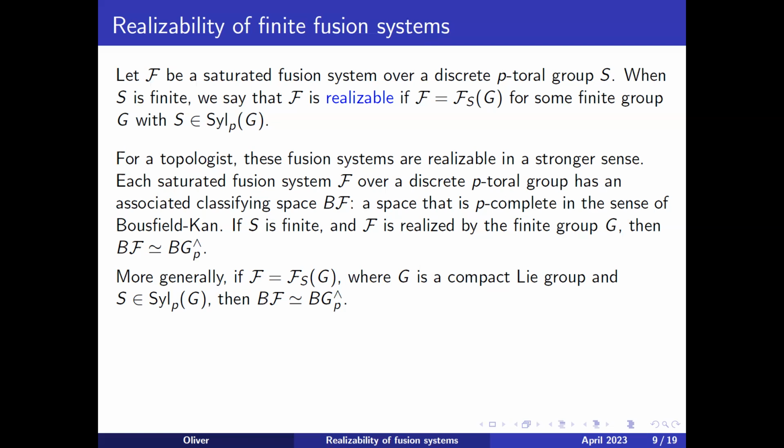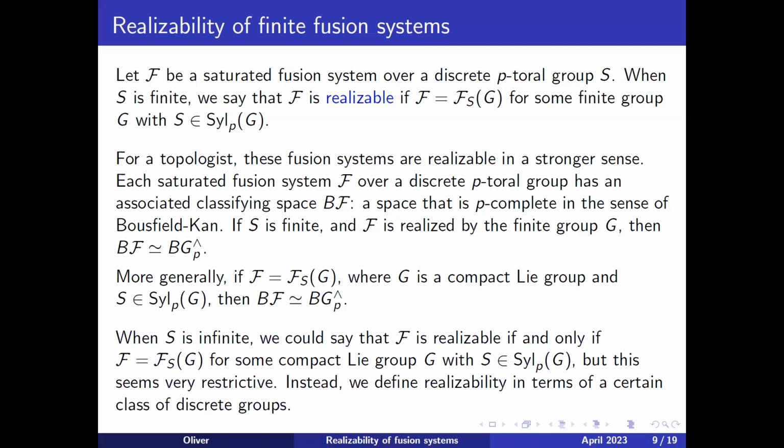If you've got a compact Lie group G, and F is the fusion system of G with respect to a Sylow subgroup, then BF, the classifying space, is homotopy equivalent to BG p-completed. So this is an additional reason that makes them interesting.